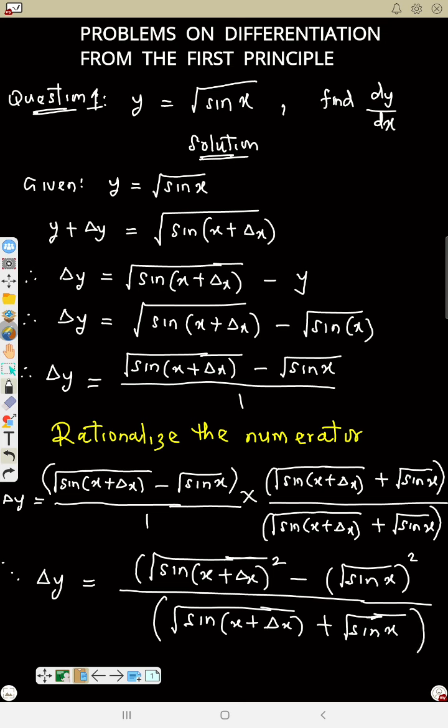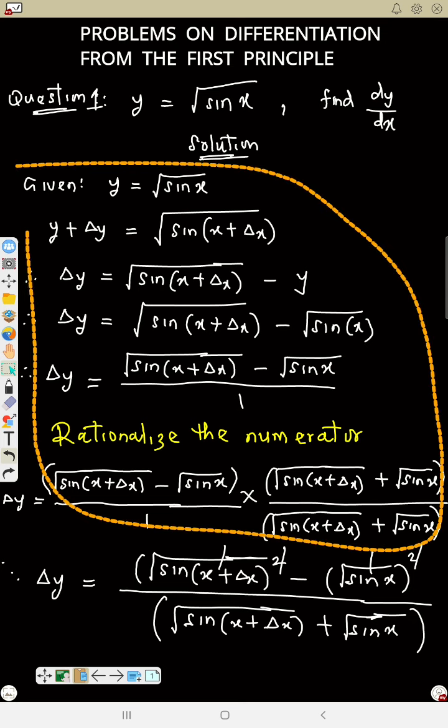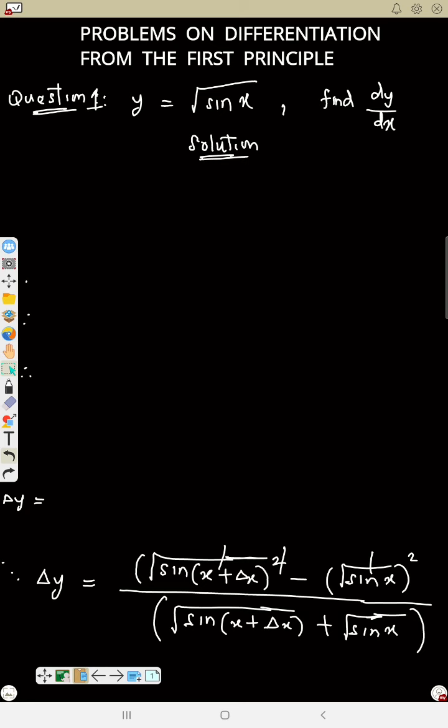So now you will notice that this square will cancel out this square root, this square will cancel out this square root. Then we are going to have, so let me clear this so you can jot down the solution.